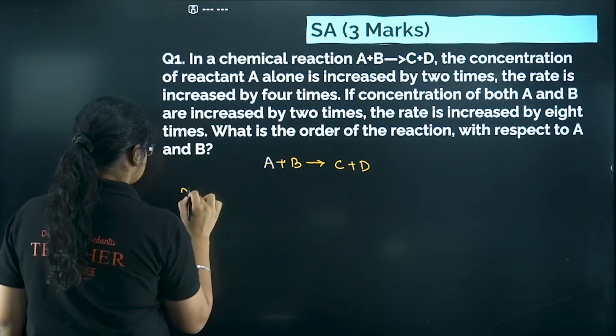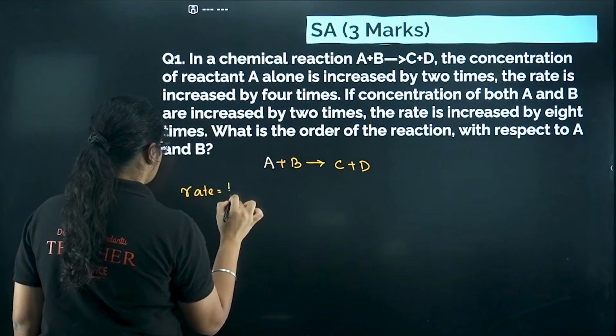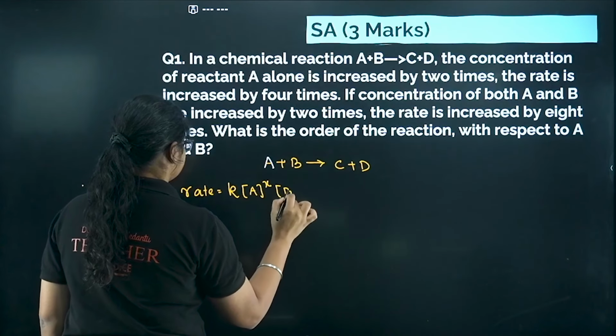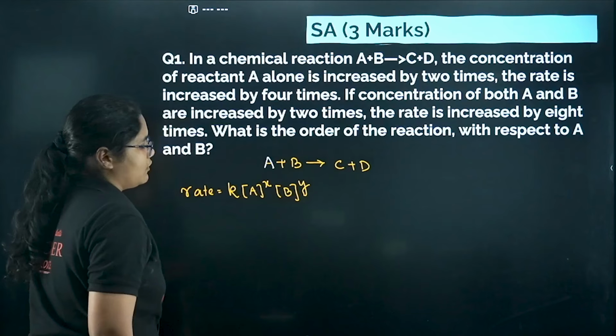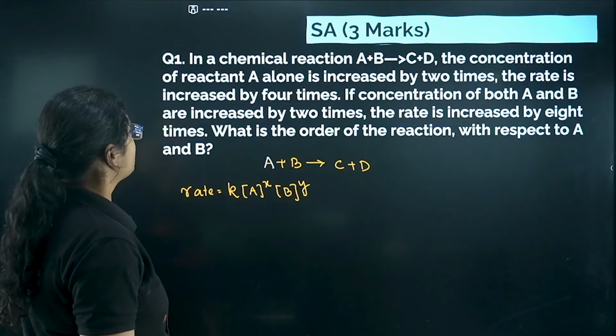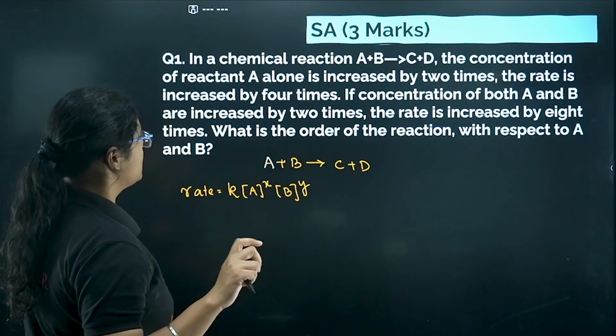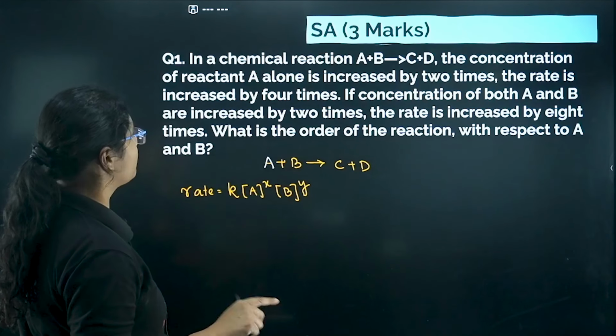Okay. Now what is rate here? Rate is equal to K into A to the power of X and B to the power of Y. This is the rate equation. Okay. Now the concentration of reactant A alone is increased by 2 times and the rate is increased by 4 times.